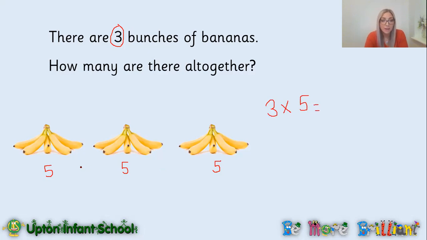Now we could write 5 add 5 add 5 equals, but that's quite a long number sentence. So we're just going to write 3 times 5 instead. Okay, so let's have a go at working that out. 3 lots of 5. Let's count in our 5s, everybody. See if we can do this in our heads instead of doing counters.